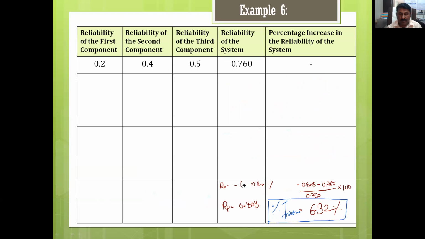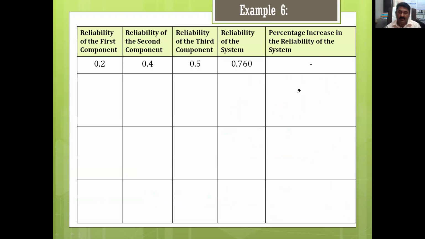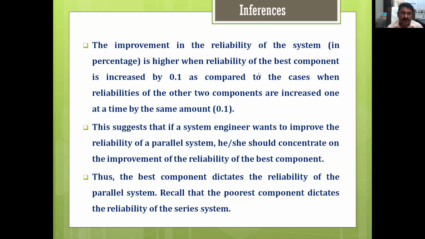From the result observed, it is noted that the percentage increase in the reliability of the system is maximum if the reliability of the highest component, the good component, is increased rather than the weakest component. Or we can say best component. So it is summarized like this: the improvement in the reliability of the system in percentage is higher when the reliability of the best component is increased by 0.1.